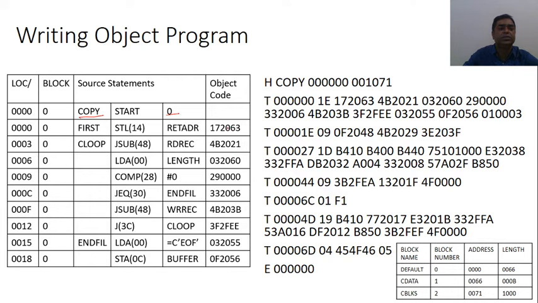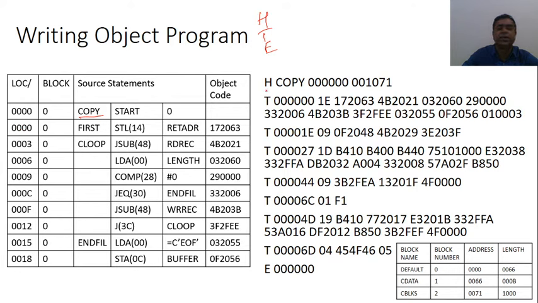Here the format of the object program is the same. That means first we will write the header record, then the text record, then the end record. And you can see here this is part of the program, and in this part our first instruction starts from 000000.